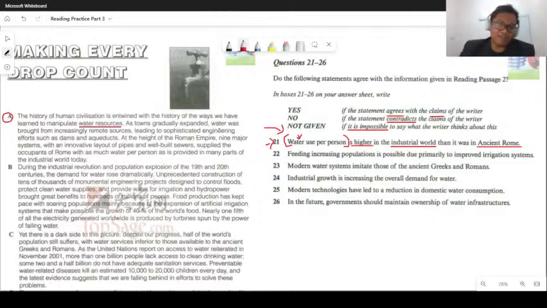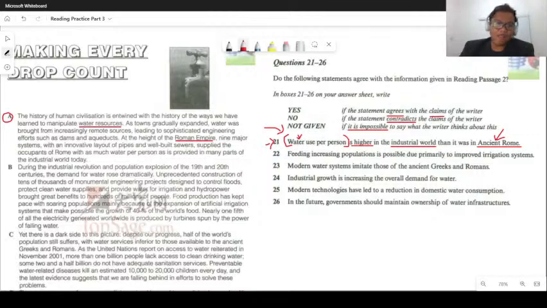As towns gradually expanded, water was brought from increasingly remote resources, leading to sophisticated engineering efforts such as dams and aqueducts. At the height of the Roman Empire, okay, so there is a Roman Empire as well here. And remember, there was one word that was connected to that, which was ancient Rome, Roman Empire, that we might take as almost the same thing.